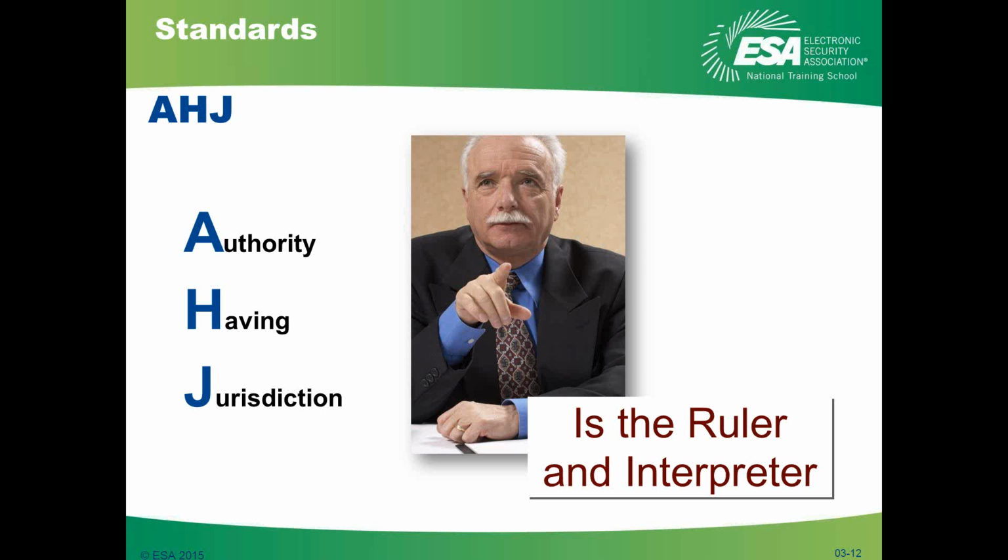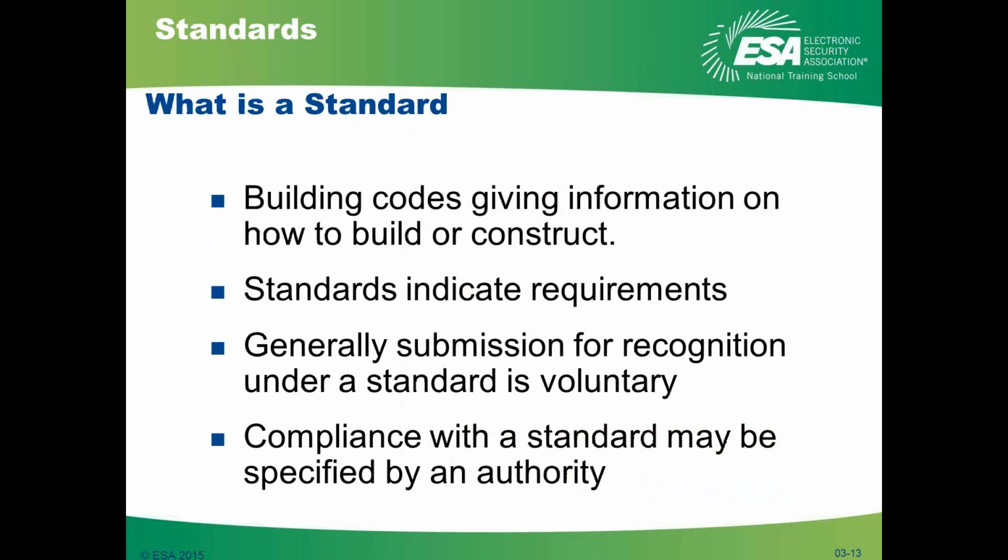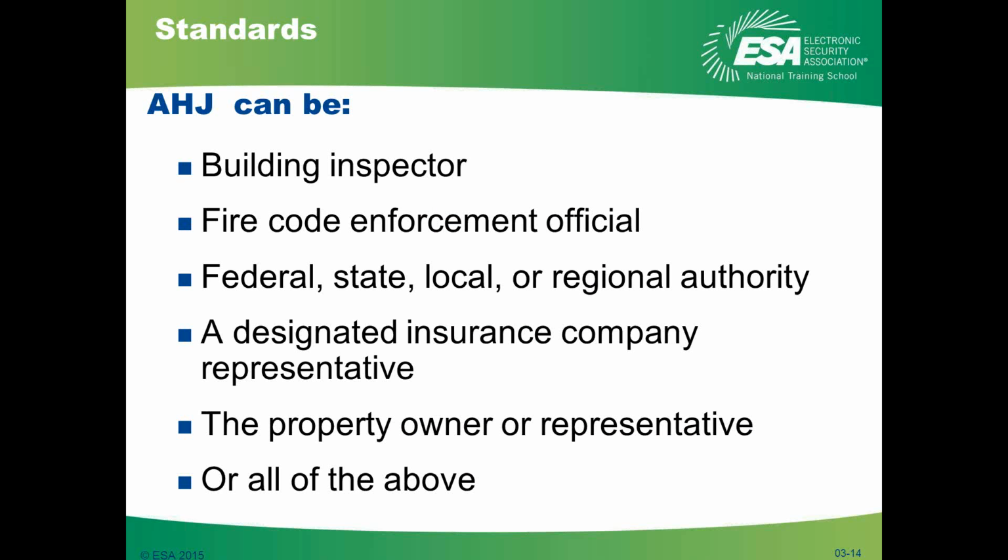It's various individuals. Then what is a standard? We go through this and who all an AHJ can be here. So this is one where you just need to probably spend more than the minute on this to ensure they have a good understanding of this.